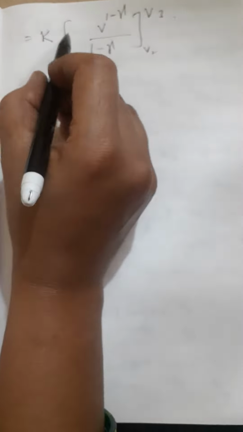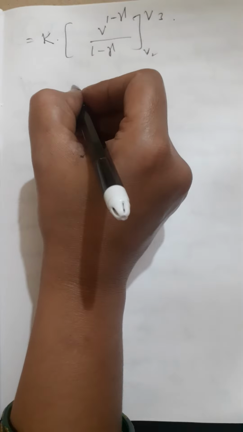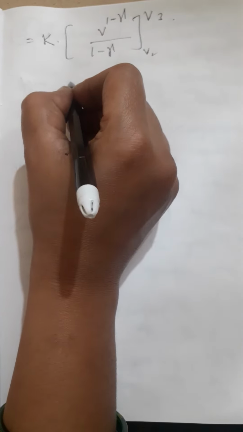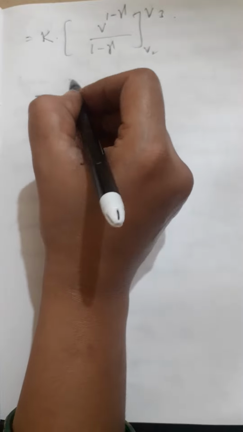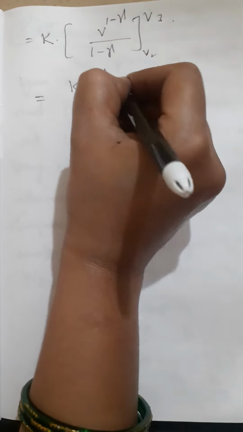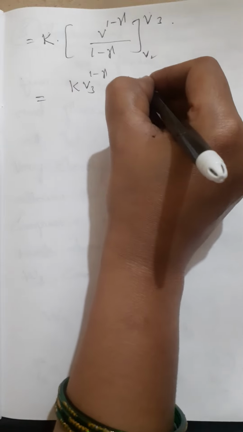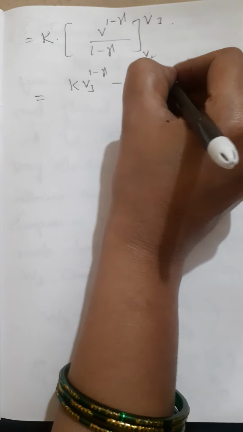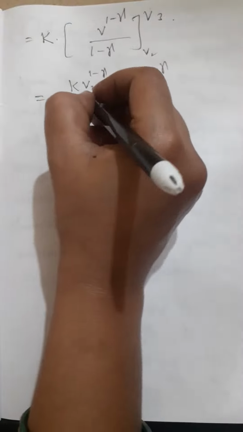Now take this K inside and substitute the limits: K V3 to the power of 1 minus gamma minus K V2 to the power of 1 minus gamma, divided by 1 minus gamma.